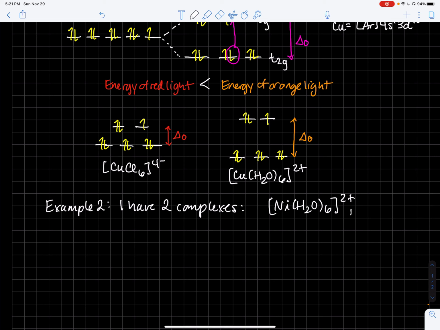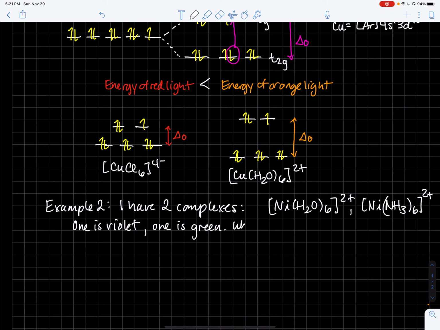And in this case, we're going to have an octahedral complex with the ammonia ligand. All right, so we have those two complexes, and one of them is violet or purple, and one is green. Which one is which?